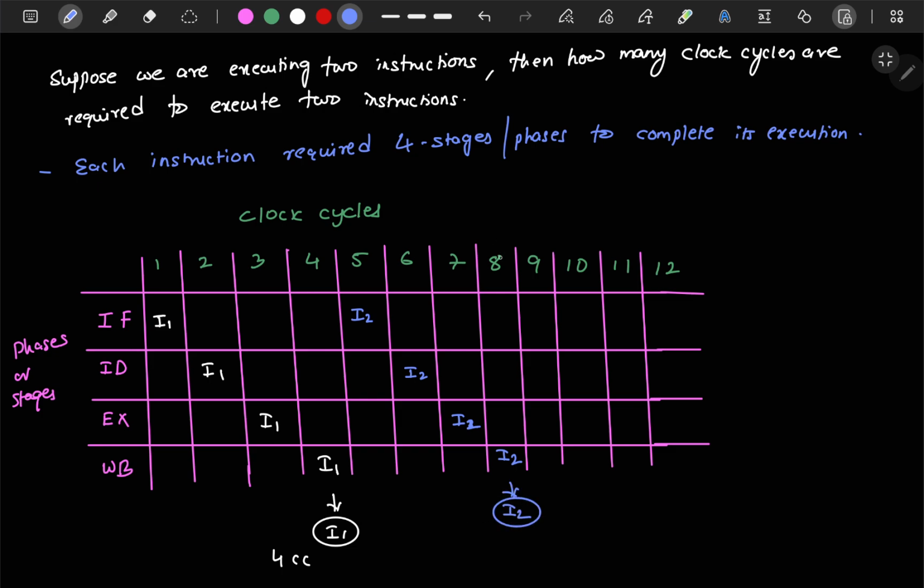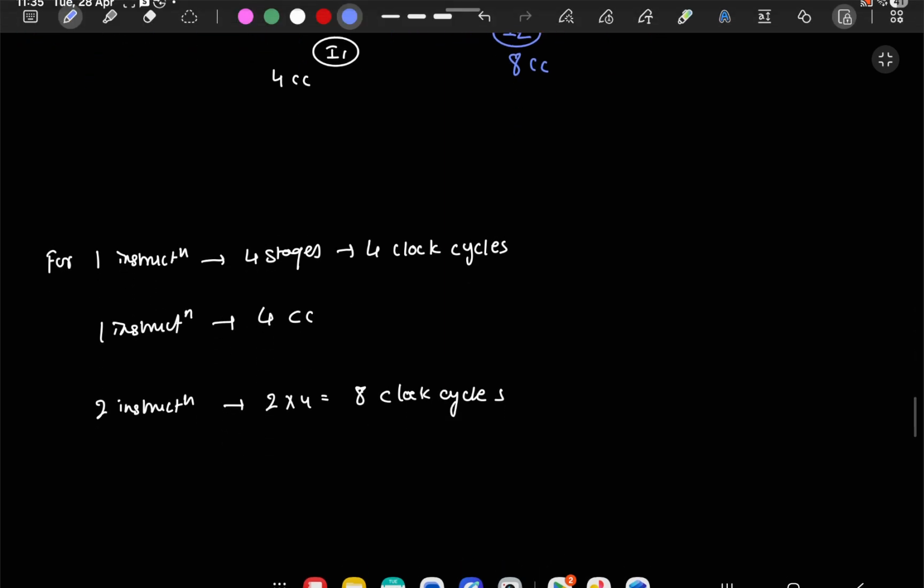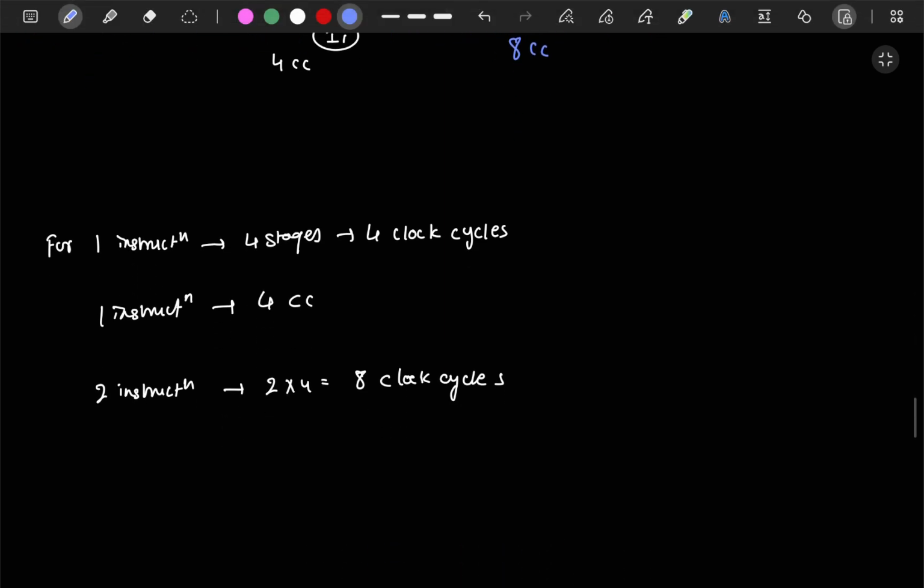So how many clock cycles did it take? It had taken 8 clock cycles to complete its execution. So we can clearly see that to complete 2 instructions it had taken 8 clock cycles. This is without pipelining I am talking about. You can derive it without a formula also.